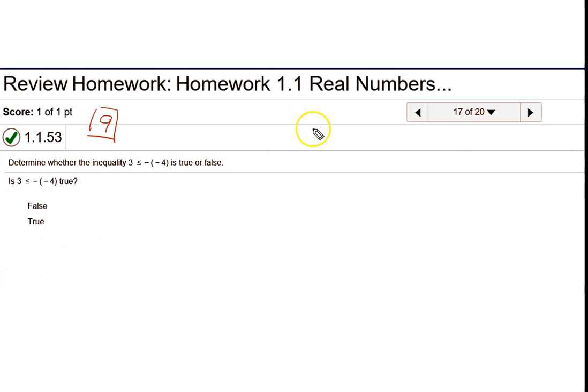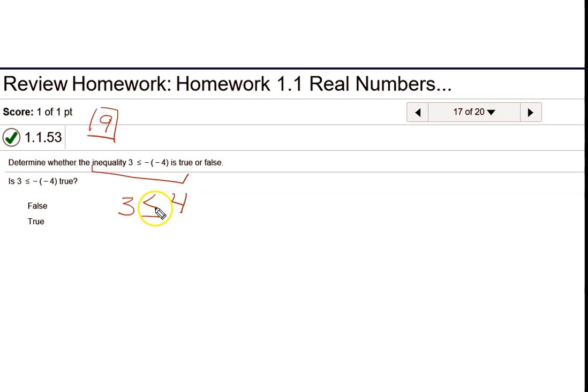Now, for number 9, you're going to write this statement down and then state whether the statement is true or false. So it would be 3 is less than or equal to. Now, the opposite of a negative 4 is a positive 4.